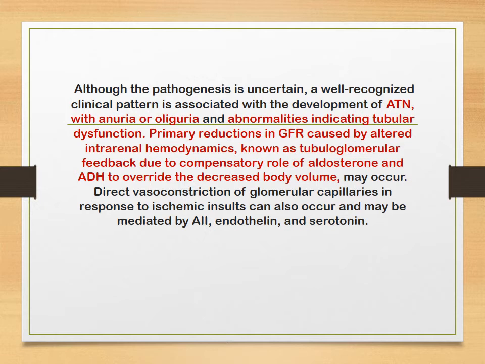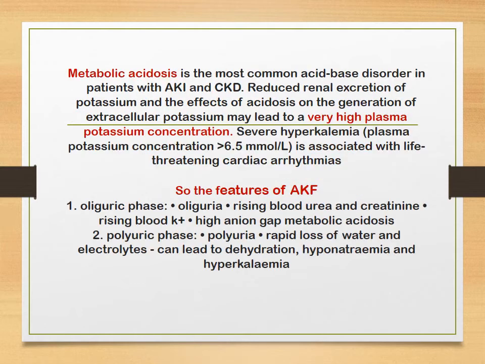There is already hypovolemia, so aldosterone and antidiuretic hormone will be secreted in order to what? To compensate for the hypovolemia and so retain water in the body. However, this may remain for a few days. Otherwise, there is development or progression of the disease.